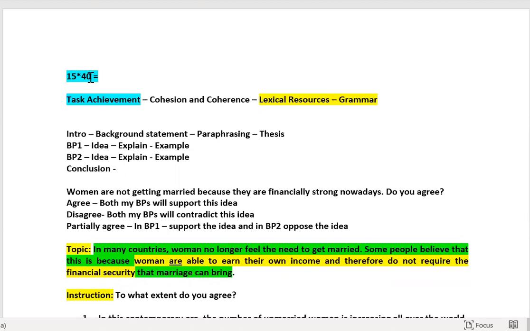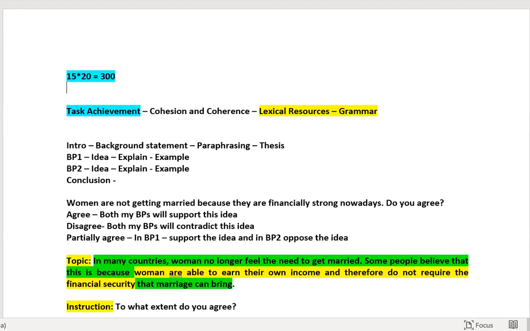Say you write 20 sentences, because we know that it's 300 then. Even if you write 13 words and 20 sentences, still how much is it? 260. So this is the formula.